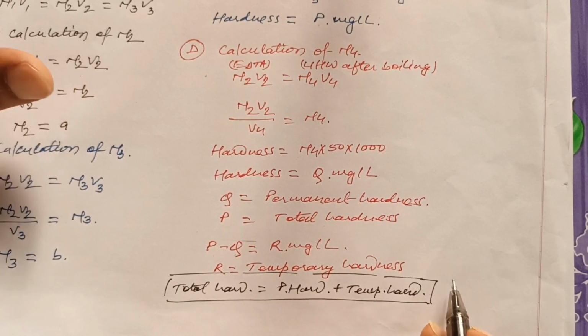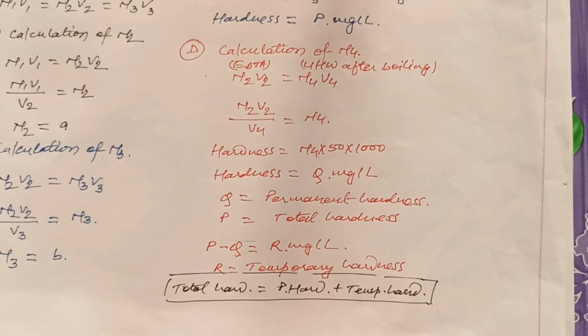So this is a simple calculation of total hardness, permanent hardness and temporary hardness of water by the formula N1V1 is equal to N2V2 is equal to N3V3 and furthermore is equal to N4V4. I hope you have a better clarification of the calculation of these three hardness from a given water sample.